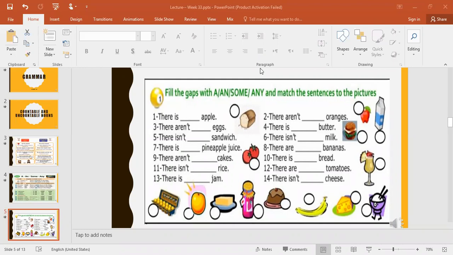Some bananas. Thank you. There is some bread. Some bread.